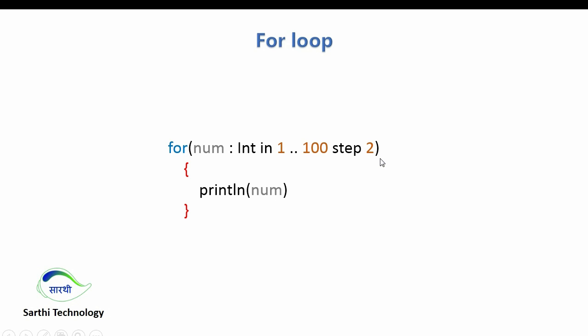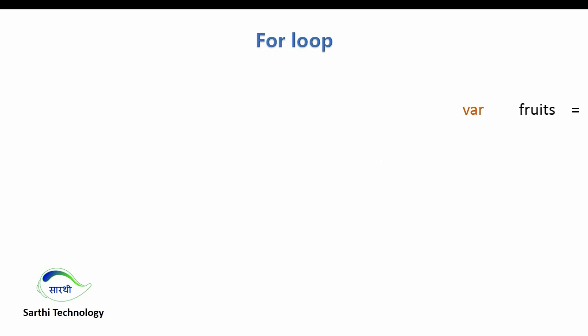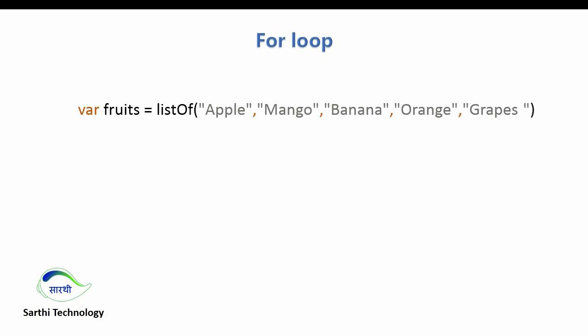Now one more thing, we can use a list for the for loop instead of ranges. So here you can see we have a variable fruits that contains a list of fruits, for example apple, mango, banana, orange, and grapes, and in this case we can use this list in the for loop.